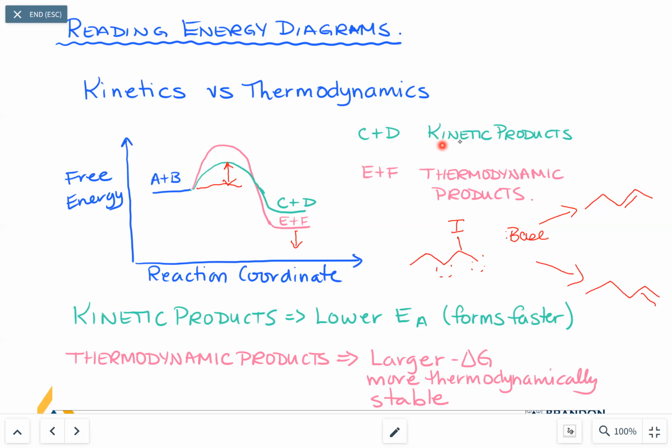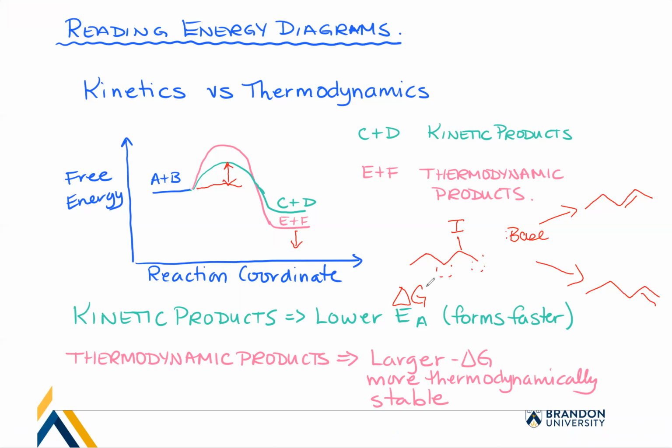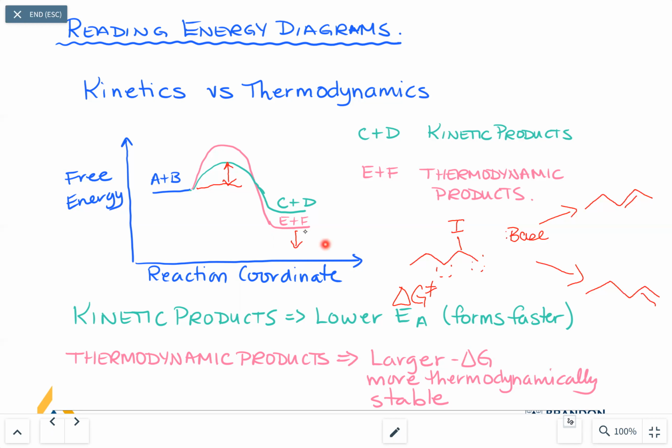So we call these kinetic products and thermodynamic products. So kinetic products have a lower activation energy, EA or delta G dagger. So they'll form faster, and thermodynamic products, their delta G naught is lower, so they'll be more stable.